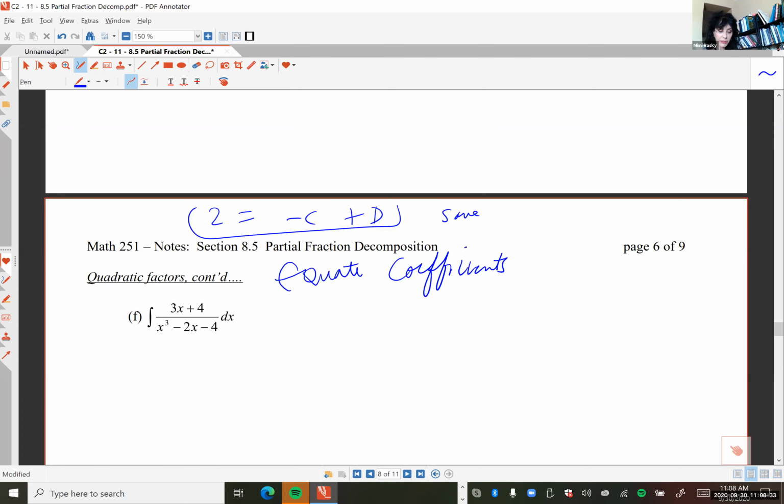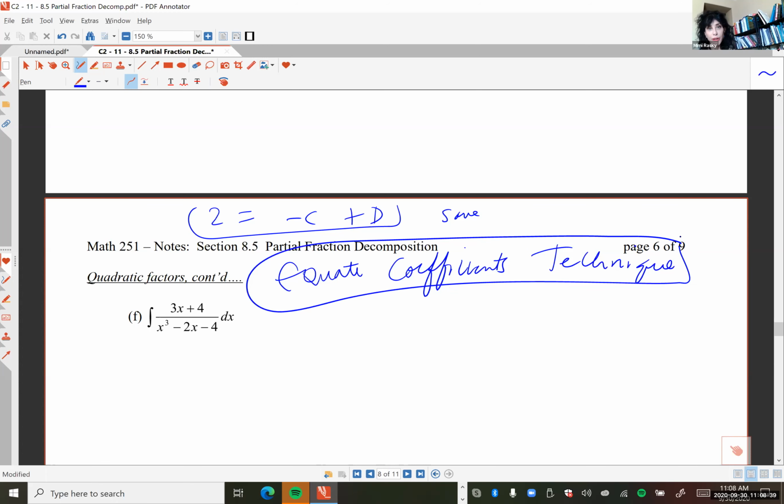For those of you who've never seen this, who are interested and open to learning new things, welcome, because this is an awesome technique, and it's a lot less work than the two unknowns linear system technique. I'm not saying this is a cakewalk, but a lot of times it's way less work.